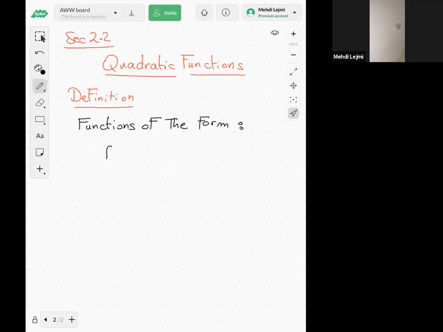So if you have a function f which looks like ax squared plus bx plus c, functions of this form are called quadratic functions. It's called quadratic, of course, because of the square, right?